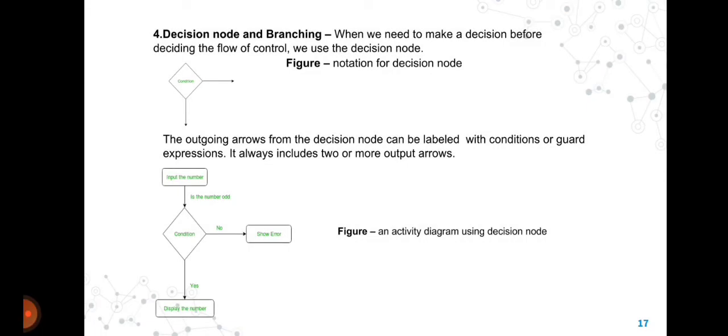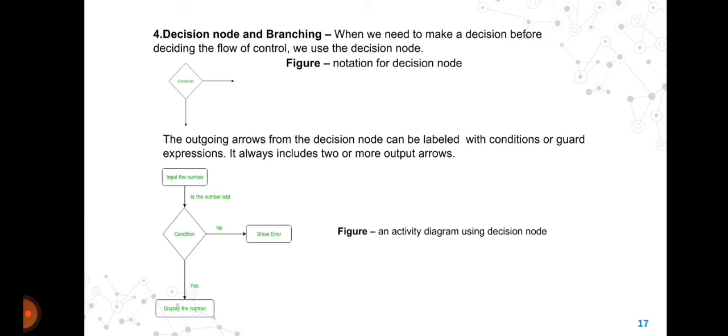Next one is the decision node or branching. When we need to make a decision before deciding the flow of control, we use the decision node. Here is the notation for the decision node. The outgoing arrows from the decision node can be labeled with the conditions or guard expressions. It always includes two or more output arrows.